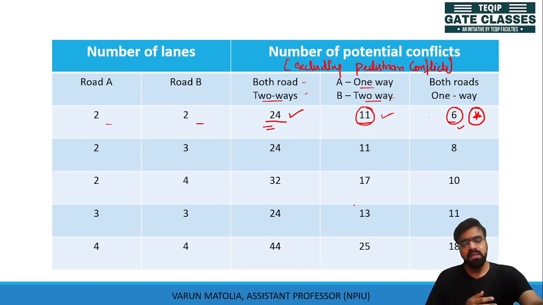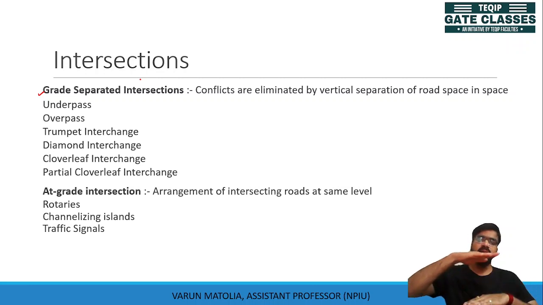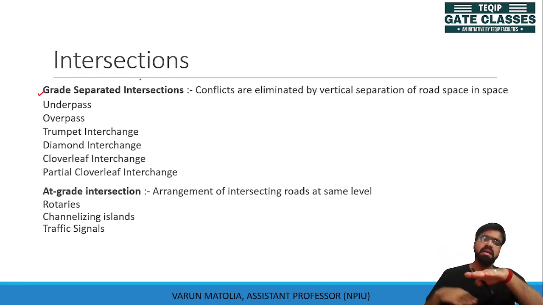We may provide some design intersections, like grade separated intersections. The grade separated intersections are those intersections which are separated in level. When one road is moving and another road is moving either above or below this road, then there is less possibility of accidents or conflicts.